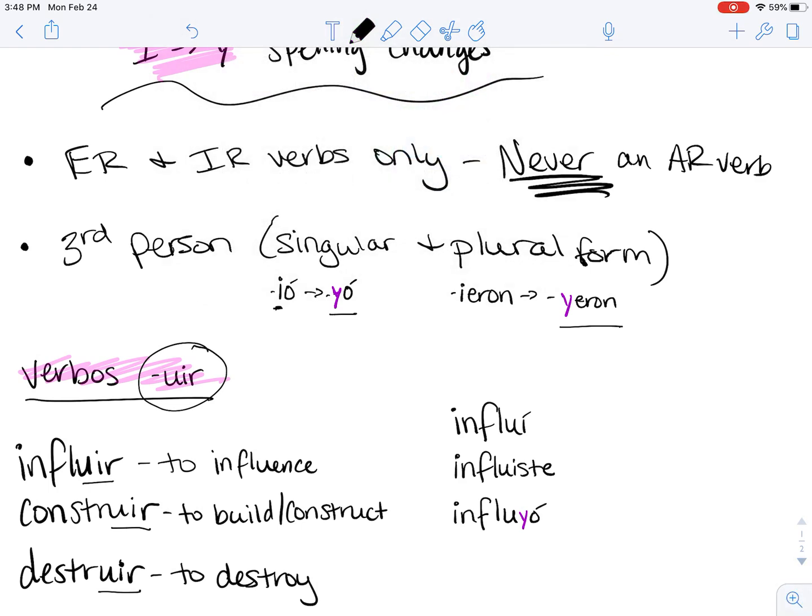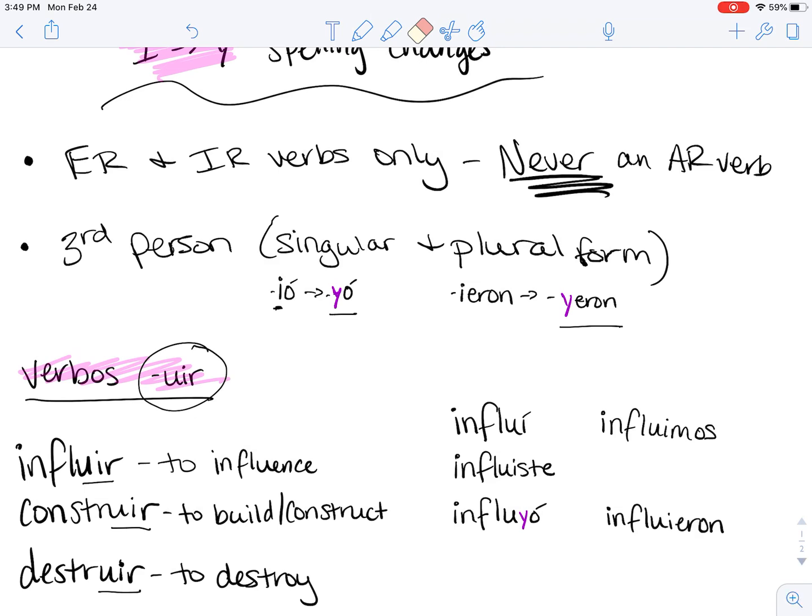Now, nosotros influimos. And normally we would have influieron, but again, the sound we make by saying it almost already sounds like influyeron.